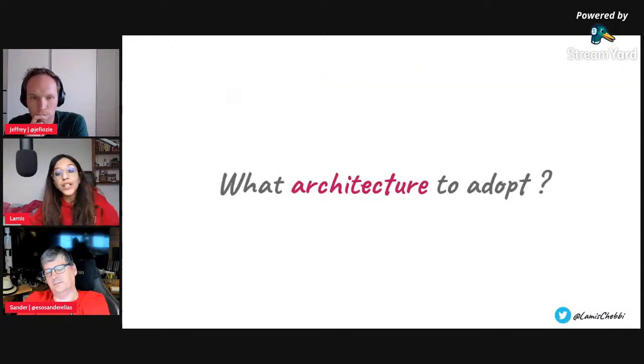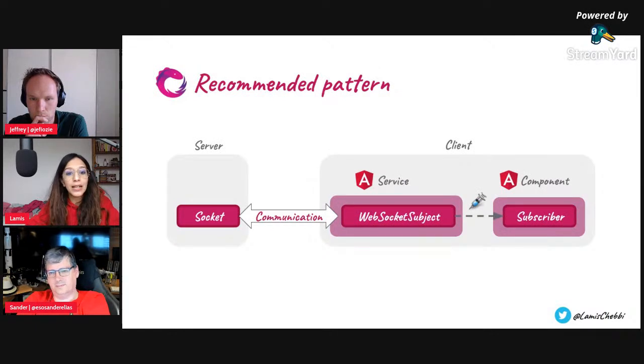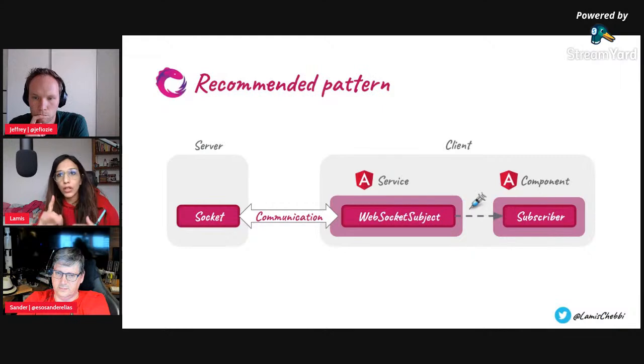Well, now what architecture to adopt? This is a recommended pattern. In your component, it's highly advisable to externalize all the work related to the WebSocket logic: the connection, the reconnection, the messages, and how you deal with manipulating the incoming messages.